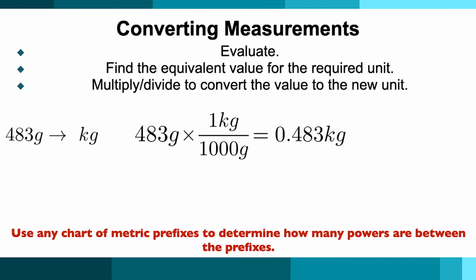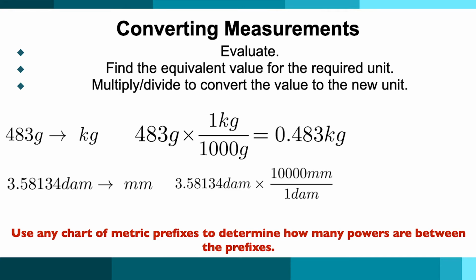So let's look at another example. Here we have 3 and 58,134 100,000ths decameters, and we want to convert that to millimeters. So I need to know the equivalency of millimeters to decameters, and I look at a chart and find that we have 10,000 millimeters per 1 decameter.